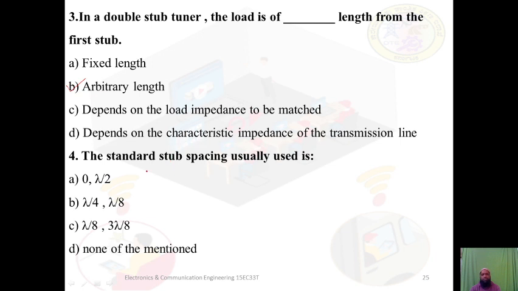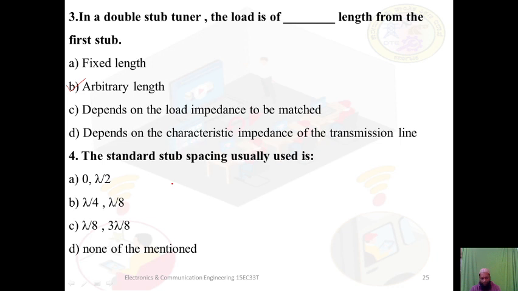Next, the standard stub spacing usually used in double stub matching. Two stubs are used, and what spacing do they use? The location of the first stub and the distance: 0 and λ/2, or λ/4 and λ/8, or λ/8 and 3λ/8, and none of the mentioned.